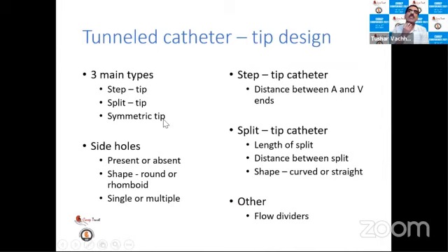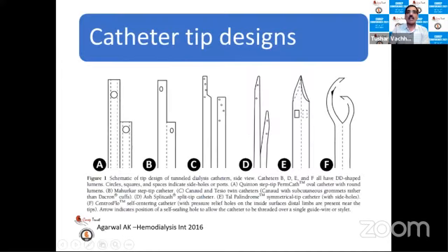And I'm pretty sure all of these different catheter designs are available in the Indian market. The second big thing that is relevant from a catheter function perspective is the presence of side holes, whether they are present, whether they are absent, whether they are tiny holes, or whether they are slits. And here are some of the designs that are available in the market, at least internationally.